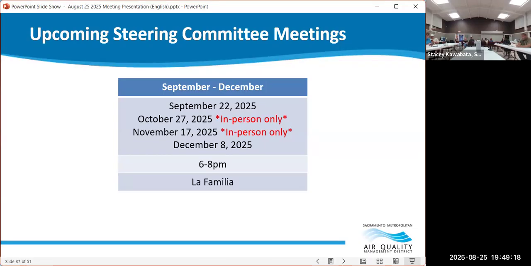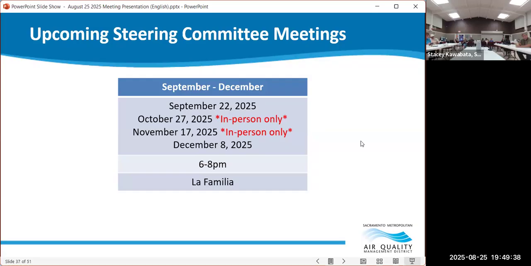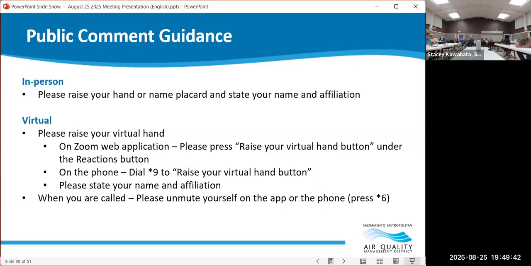For the November meeting, depending on how the October meeting goes, we may also have that be an in-person meeting, but we'll let everyone know once we get closer. At this moment, plan on October being an in-person meeting. The location for the next couple of meetings is here at the La Palmera Center.